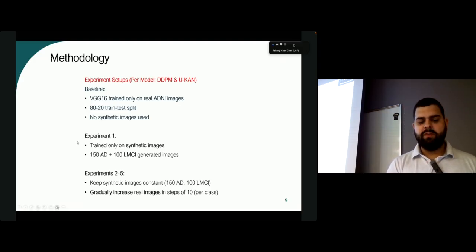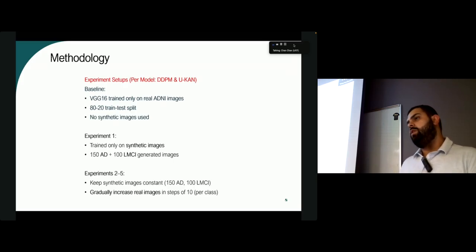I generated 150 images for the AD class and 100 images for the LMCI class. And then for experiments 2 to 5, what I did was replace these synthetic images. I replaced 10% of these images with real images in the following experiments.